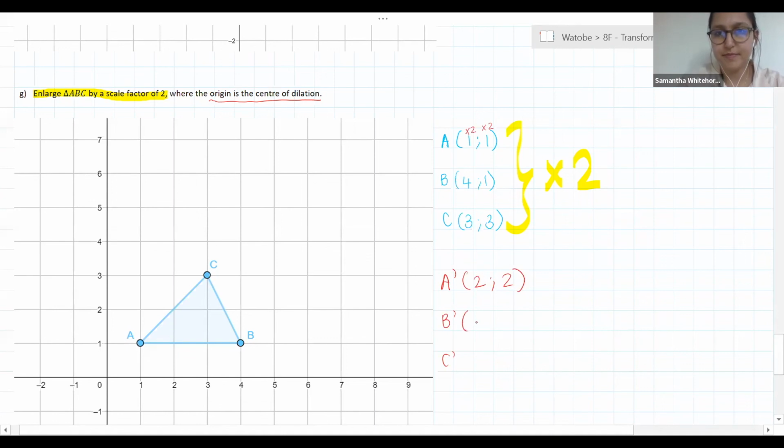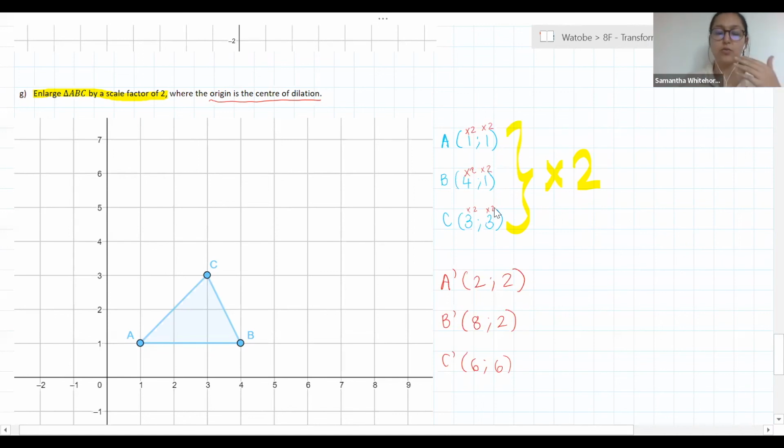B is 8, 2. Excellent, well done. So guys, just by multiplying the original coordinates by 2, I get my new enlarged coordinates. Fazika, would you like to give us C dash? Ma'am, the new coordinates for C is 6, 6. Excellent. So again, I multiply my original coordinates by 2 and I get my enlarged shape.